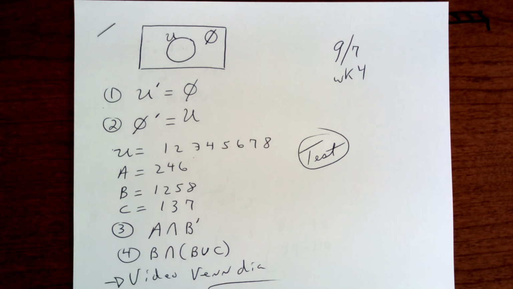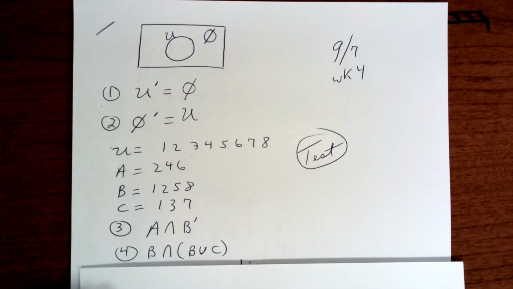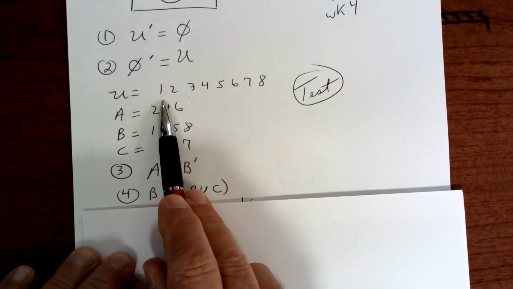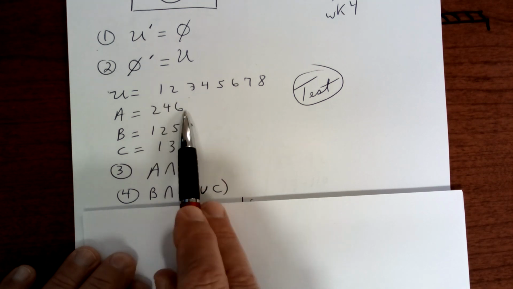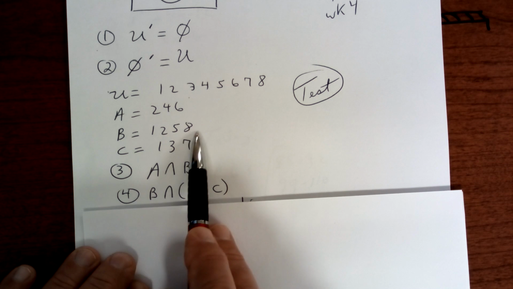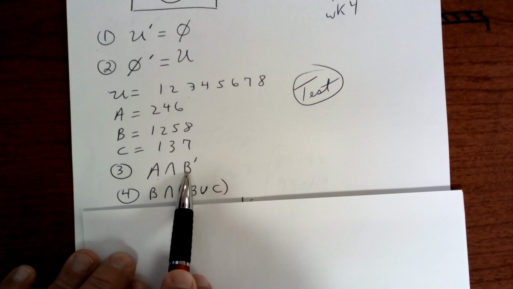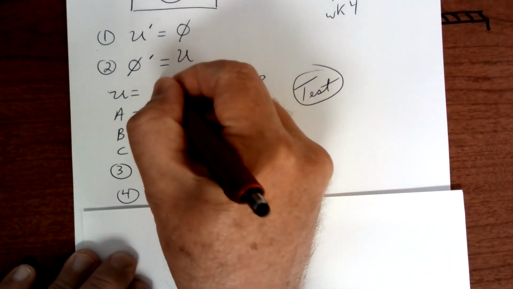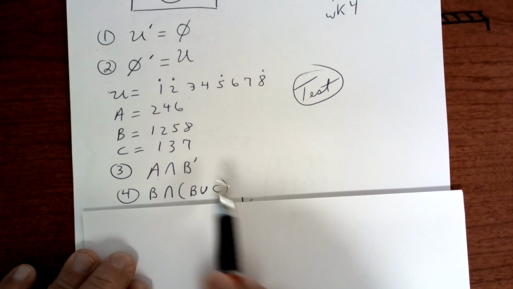Okay, so yesterday you had some work to do in the book, and I want to just go over some of it. So look here. Here's your universal set. Some of you are not reading the directions. You need to stop and read the directions until you understand it, right? Okay, so in any event, this is A intersect not B. Well, here's B: 1, 2, 5, 8. So it's not that.